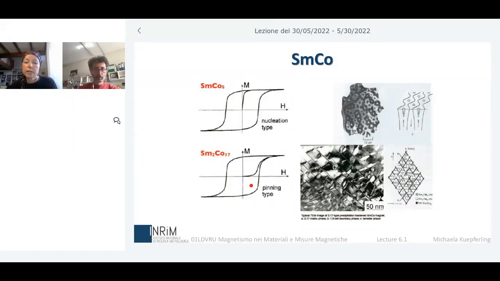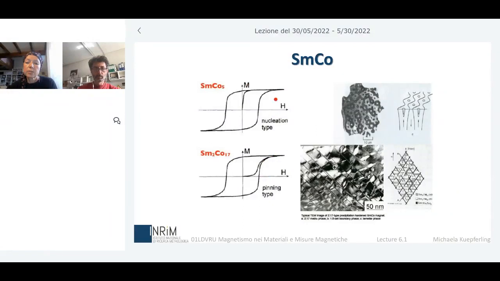So as I told you, for example, when domain walls move and they are pinned a lot, of course, this motion of domain walls, then you will have a flatter increase here, and you will reach a high coercivity, of course.